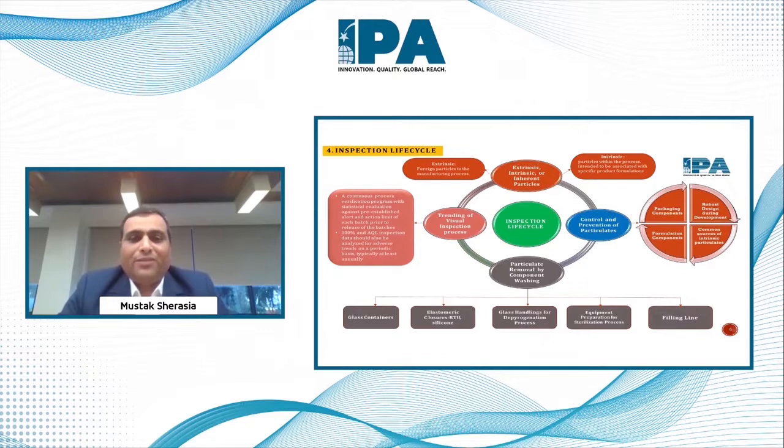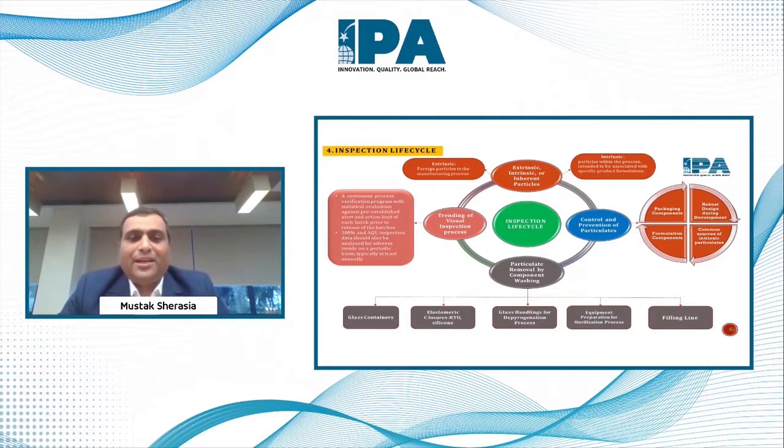But an important consideration when you do your visual inspection is trending. The trending of visual defects is very important to understand your source of particles and to identify those particles from the various sources, and fixing the root cause analysis and taking the right corrective action is very important.